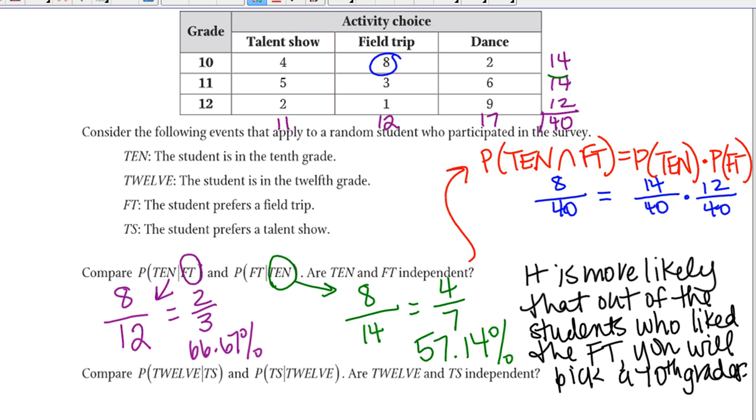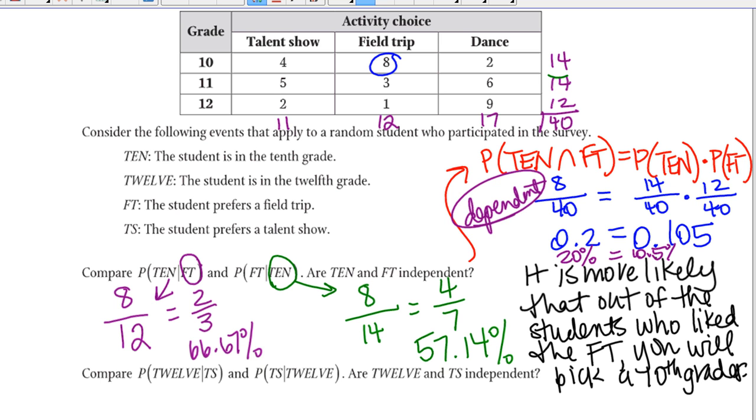So we get 0.2 equals, if you multiply that other side out, you get 0.105. So remember, if you're not very good with the decimals, you're looking at something that says 20% equals 10.5%. So no, they're not independent. They're definitely dependent because they're not equal.